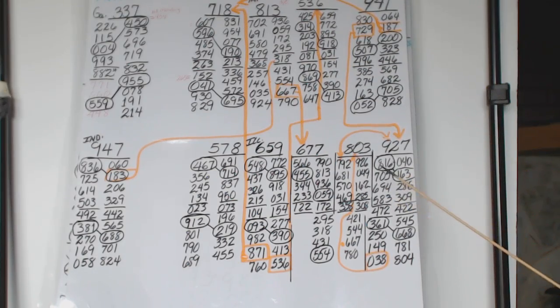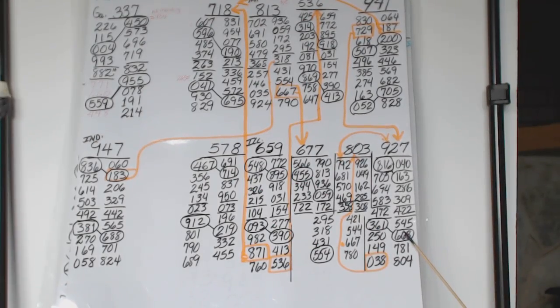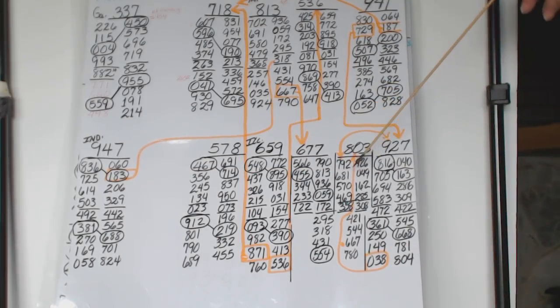It came from 927. Now, normally 927, when it falls, and you have this as a crossover, these are the numbers that follow it. The crossover numbers. Eventually, they will come either before or after the hit. So we must keep that in mind.